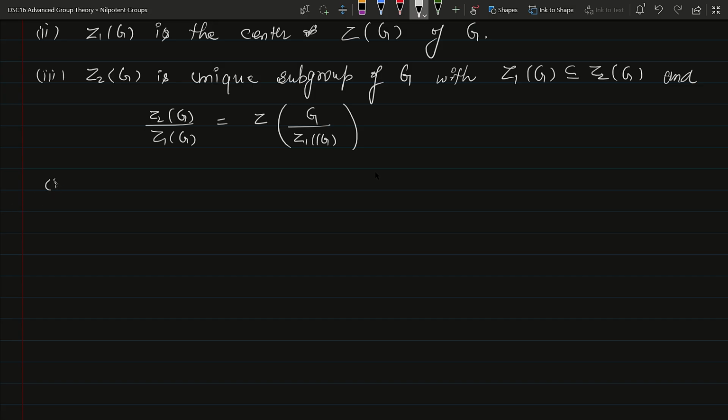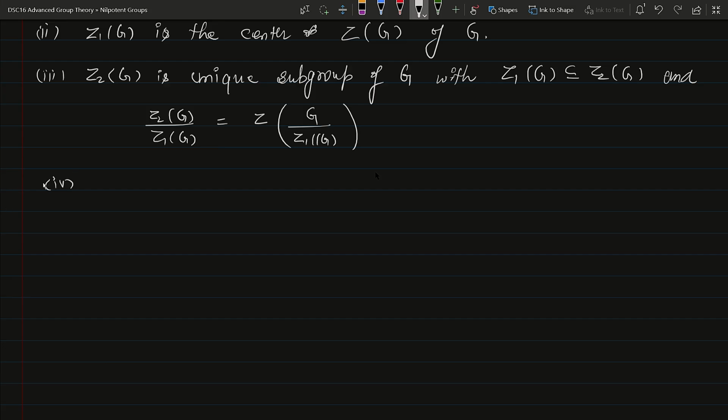Similarly, Z3(G) is the unique subgroup of G with Z2(G) contained in Z3(G), and Z3 by Z2 is equal to the center of G upon Z2(G).